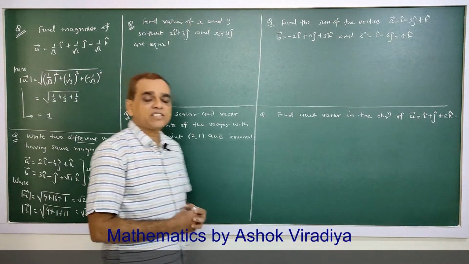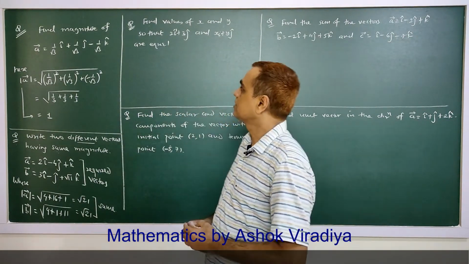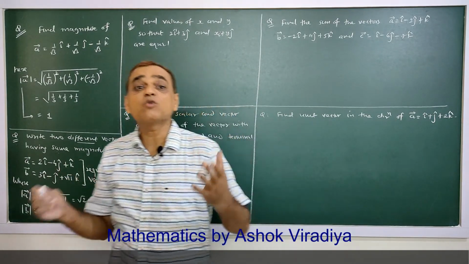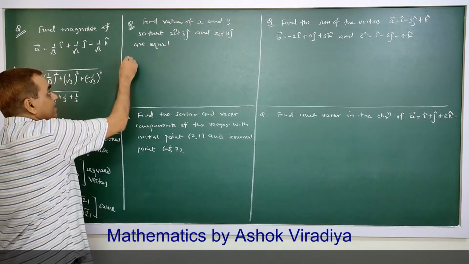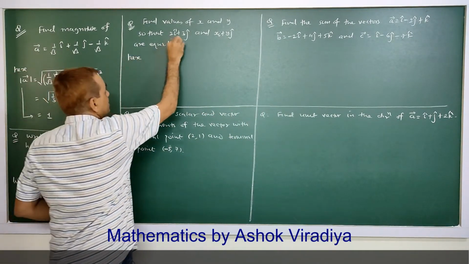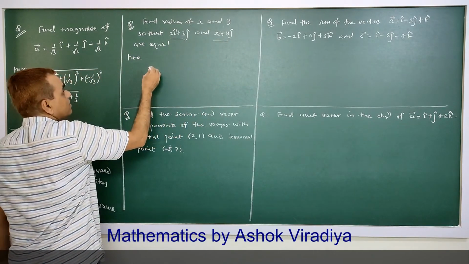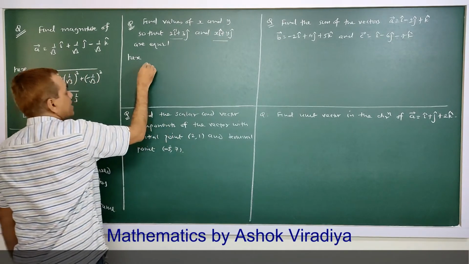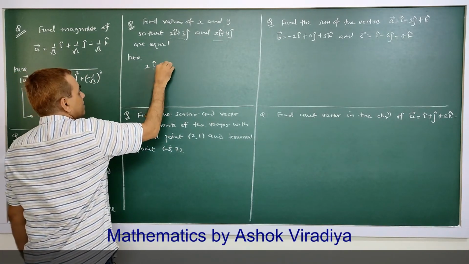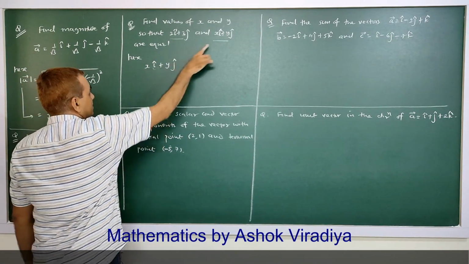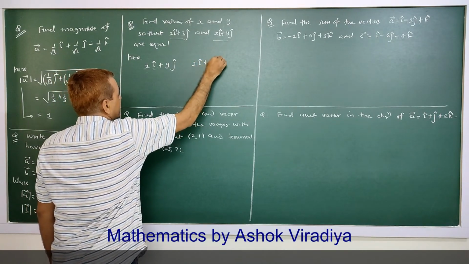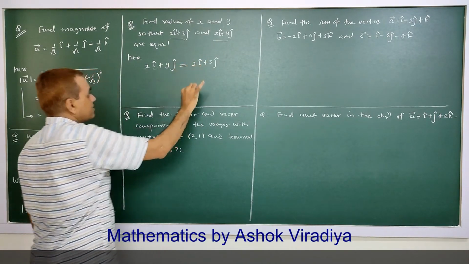Now find x and y so that these two vectors are equal. Given that these two vectors are equal, x times i cap, y times j cap, this vector and this vector are equal vectors.